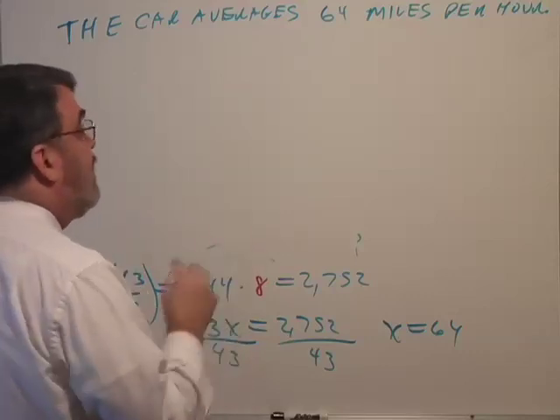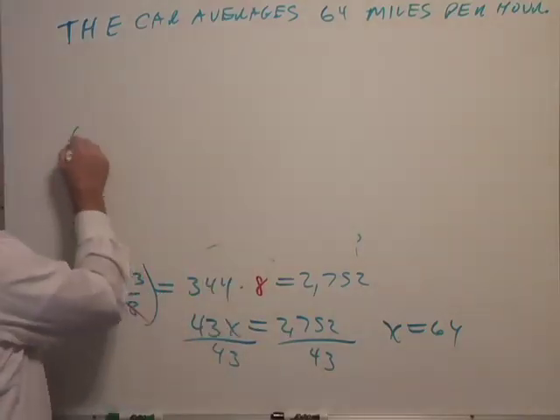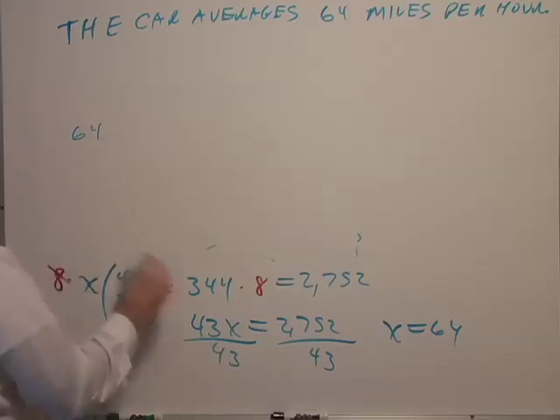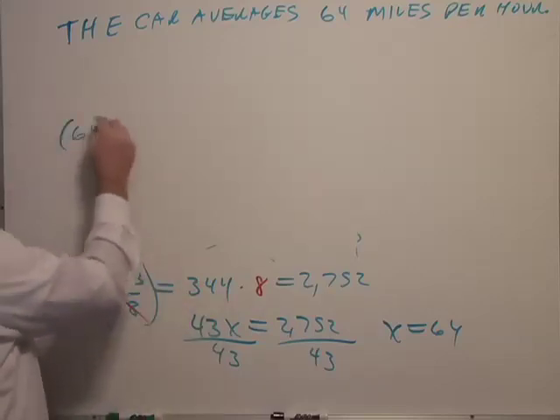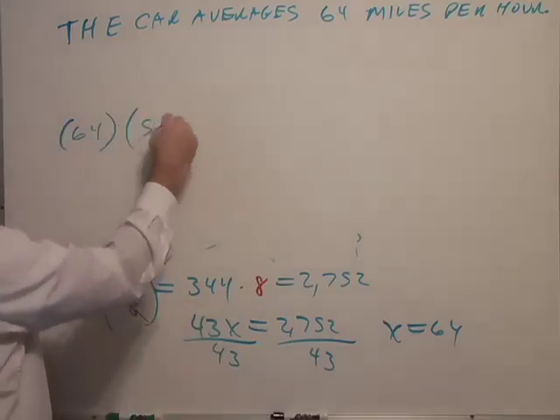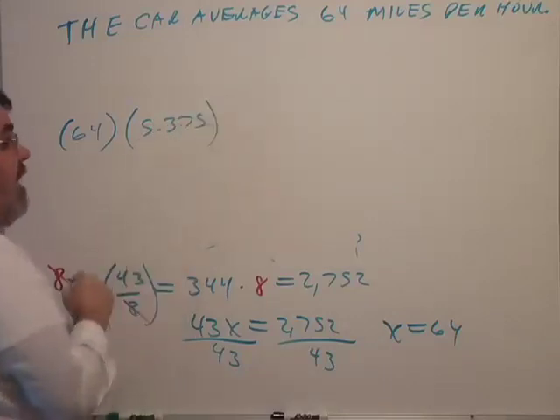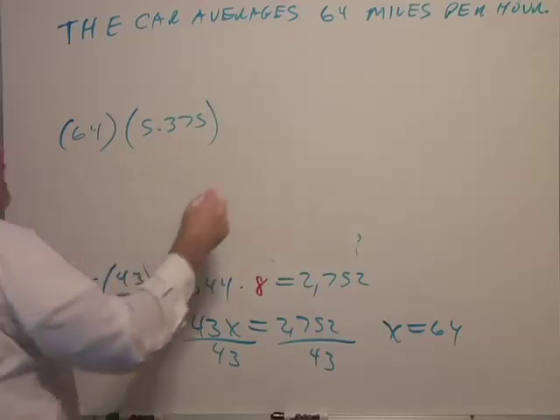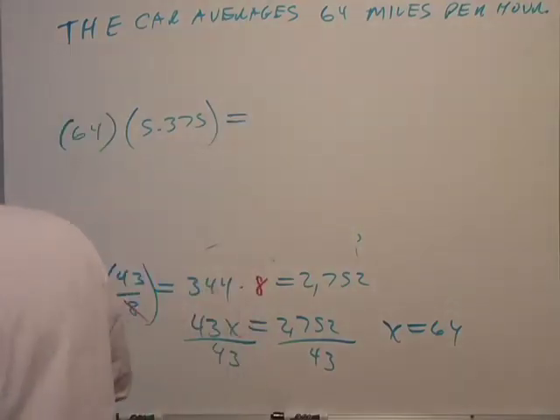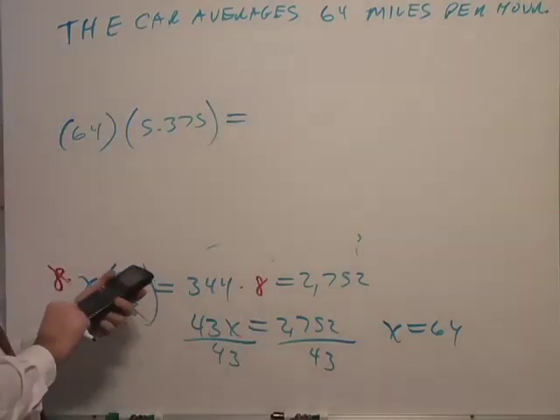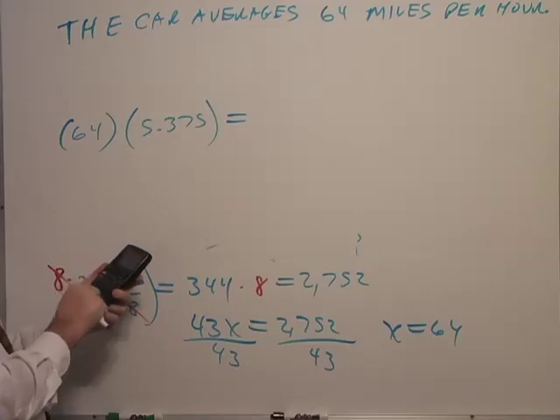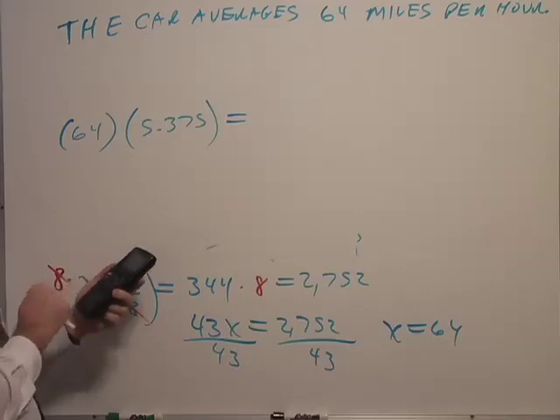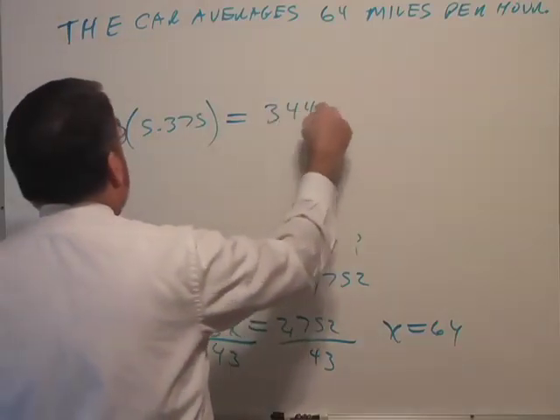All right, so let's check that. If you went 5 3/8, that's 5.375 hours. So I have miles per hour times hours. So we've seen that before. Hours cancels. And I just want to double check. At that time, and that speed, I get 344 miles.